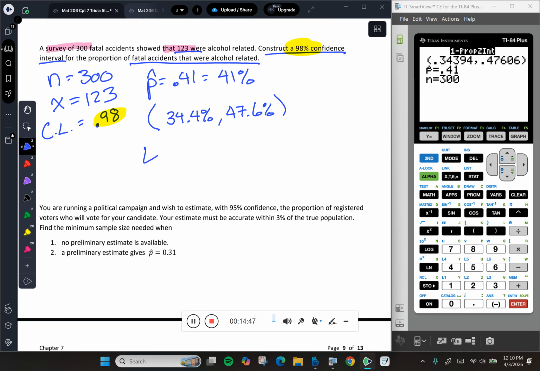And if I needed my margin of error E somewhere in the problem, like in the homework, I know that I'm going to take the upper minus the lower and divide it by 2. So 47.6 minus 34.4, and I divide that by 2, and I see that trash man is driving by, sorry. I get a margin of error of 6.6%.